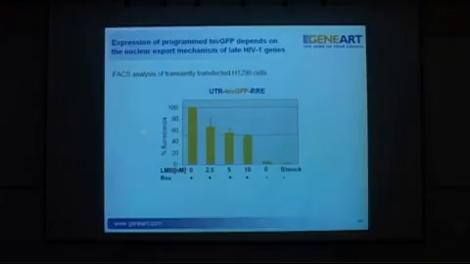Here we were showing that leptomycin B is a drug that negatively interferes with the binding of the viral REF protein to CRM1 protein, thus preventing shuttling of the RNA from the nucleus to the cytoplasm. The addition of leptomycin B decreases the expression of the HIV-GFP reporter.